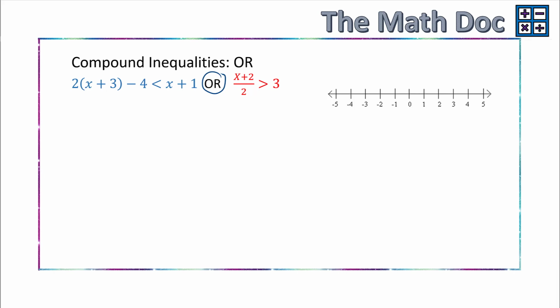So let's start with the inequality on the left. It looks kind of long and complicated, but let's simplify it. So first thing is let's open the parentheses. So we have 2 times x plus 3. Let's open the parentheses. So we have 2x plus 2 times 3 minus 4 is less than x plus 1.